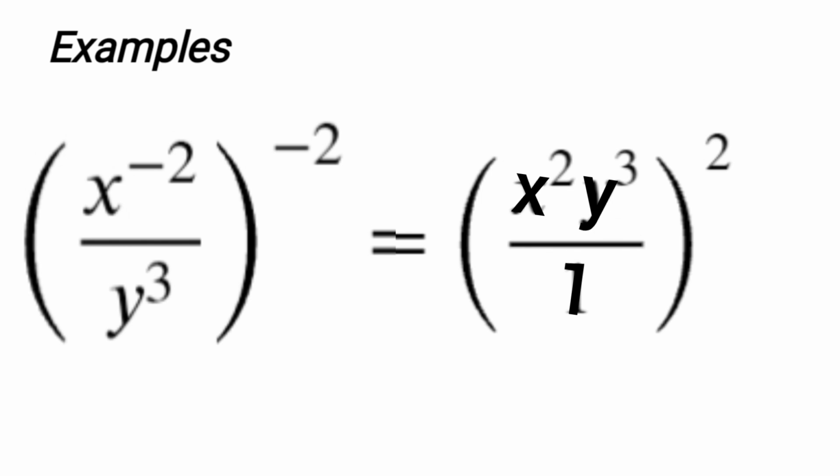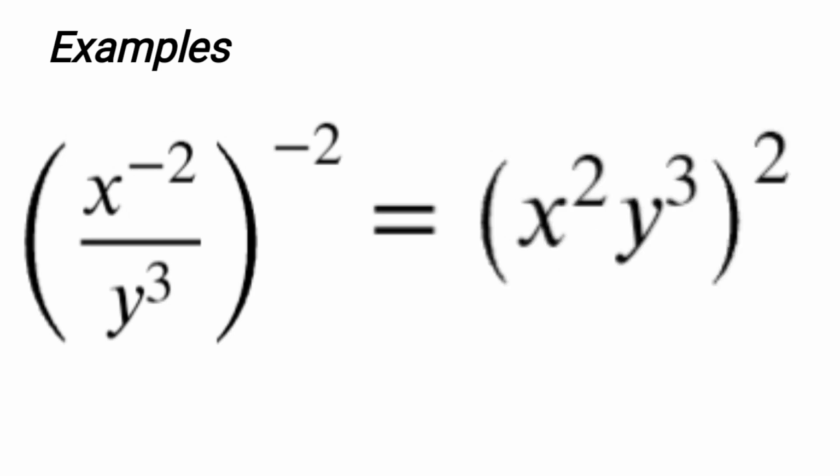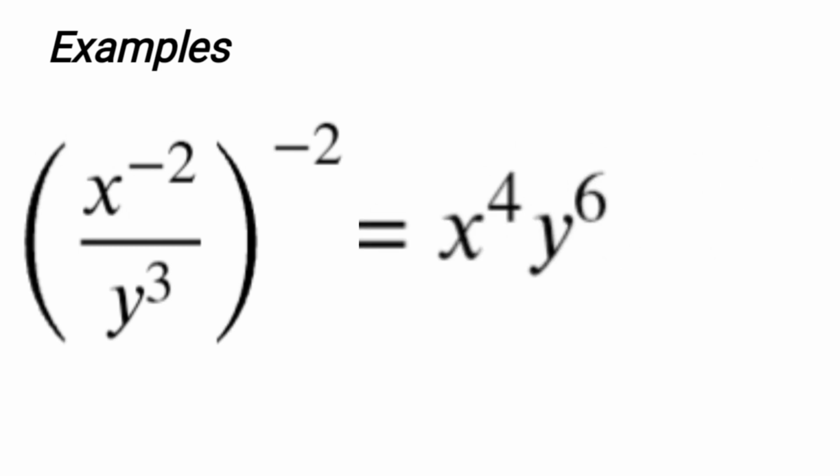So we have x squared y cube over 1 raised to the power 2, or square. Then 1 is nothing here, so this is equal to x squared y cube raised to the power 2. So distribute 2. This is equal to x to the power 4 times y to the power 6. And that's the power of a quotient rule of exponent.